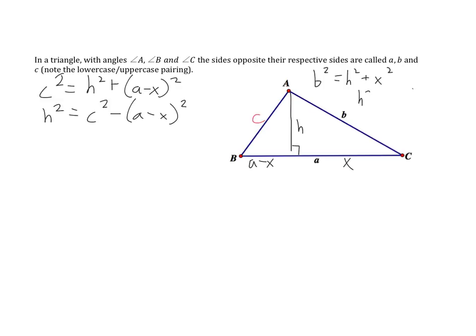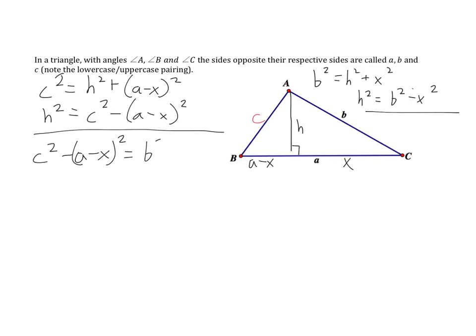So h squared will equal b squared minus x squared. From these two, we're going to set these equal. So we're going to pull both of these together, and we're going to make c squared minus (a minus x) quantity squared equal b squared minus x squared.